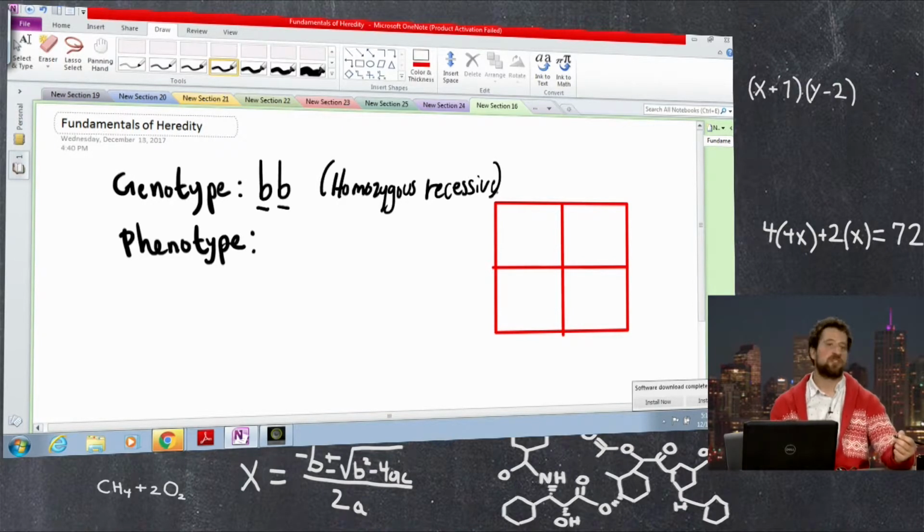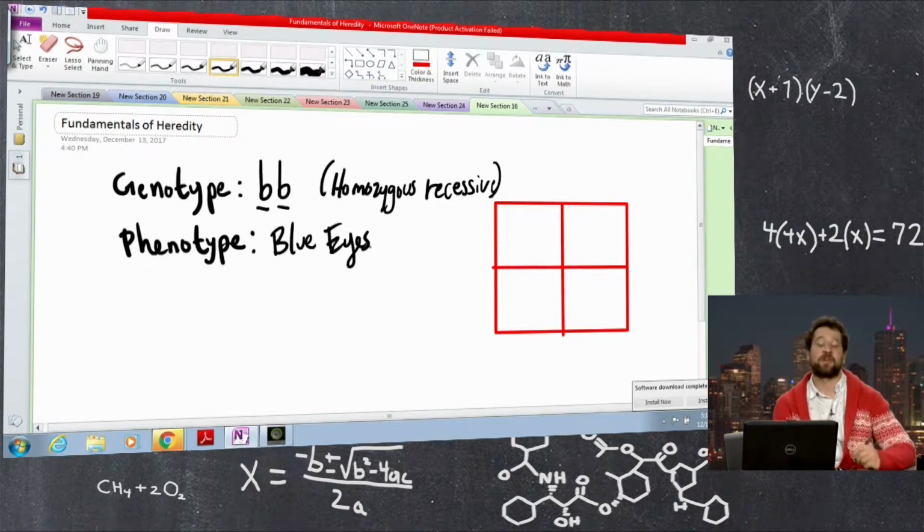Okay, so there's three types of genotypes that we could have: homozygous dominant, homozygous recessive, and heterozygous. What is this person's phenotype, though? Well, this person does not have the brown eye dominant allele, so they only have the blue eye gene, so in this case, they're going to end up having blue eyes.